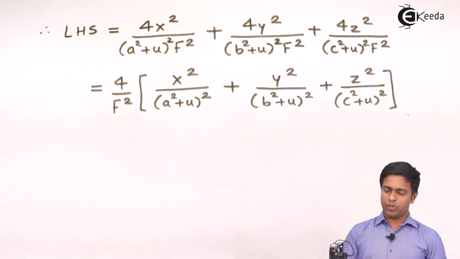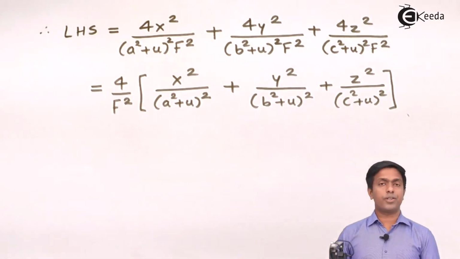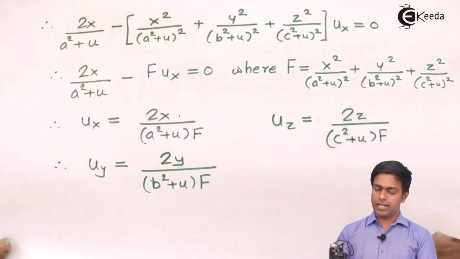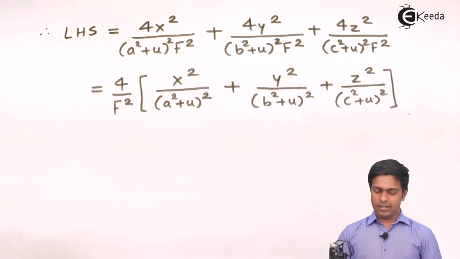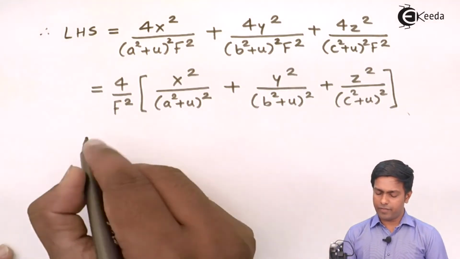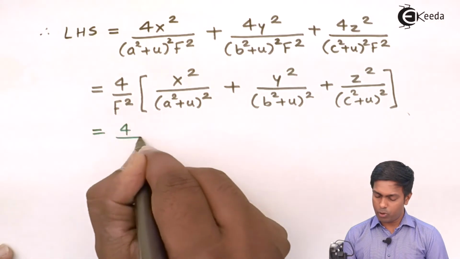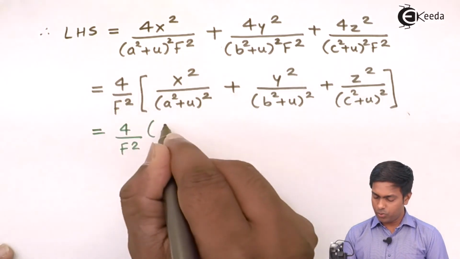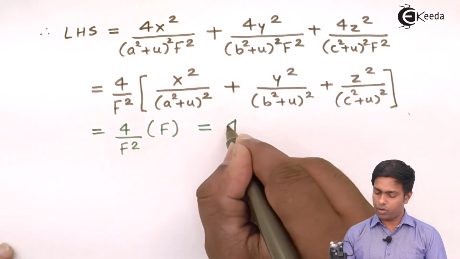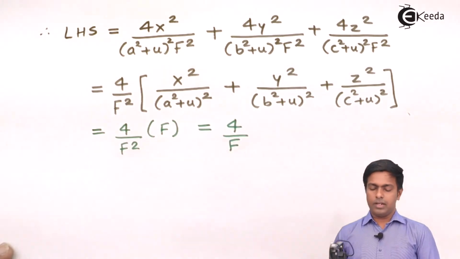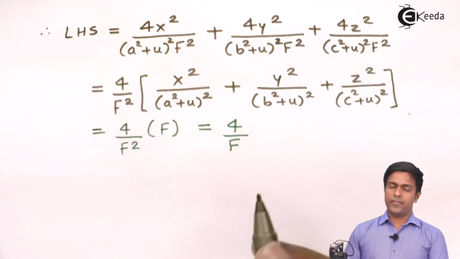Now guys, if you observe this bracket, then it is matching with one value which we got here, and that is nothing but the value of f. So we can say that this bracket is nothing but f. So this will be 4 upon f square into f, and by cancelling f and f we will get 4 upon f. So guys, this is the left hand side.